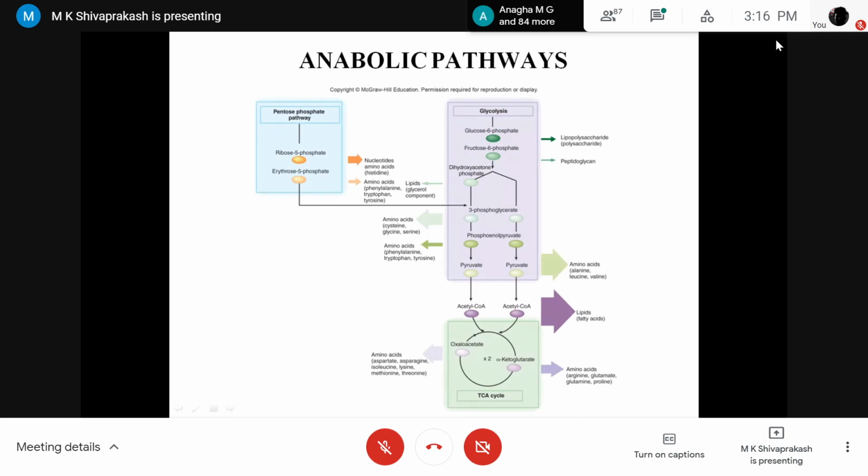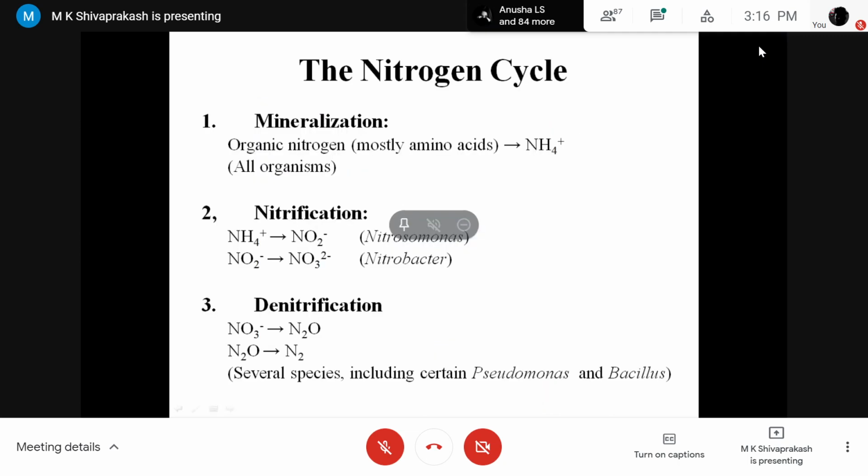Like here it is the glycolytic pathway, PPP, HMP pathway, or PPP pathway.